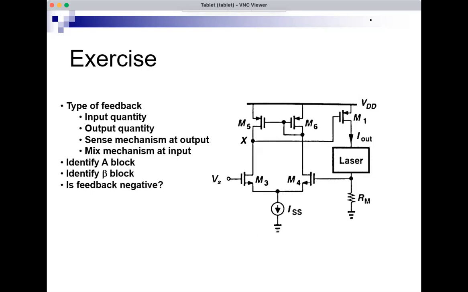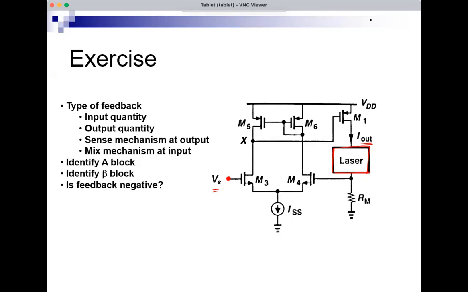Here's another example where I have an amplifier, looks like a differential amplifier here, with the input being here at Vs and the output being here at I out. This is just a block. We don't need to worry what's inside it, just like a load where the current I out is flowing.